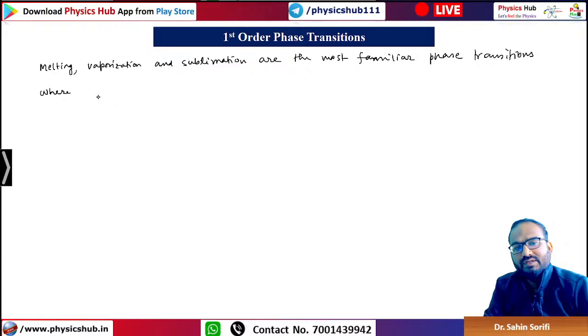When something is melting or getting vaporized, what happens at that point? The system temperature and pressure remain constant, right?